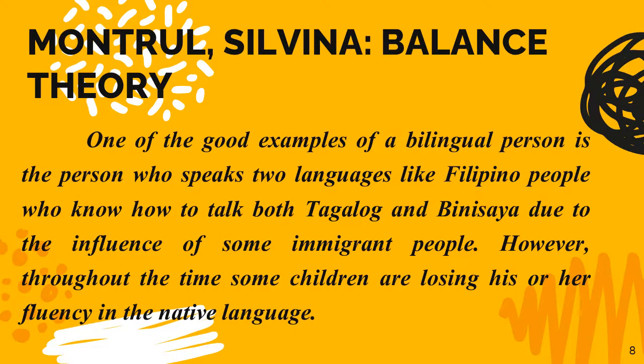One of the good examples of a bilingual person is the person who speaks two languages like Filipino people who know how to talk both Tagalog and Binisaya due to the influence of some immigrant people. However, throughout the time, some children are losing his or her fluency in the native language.